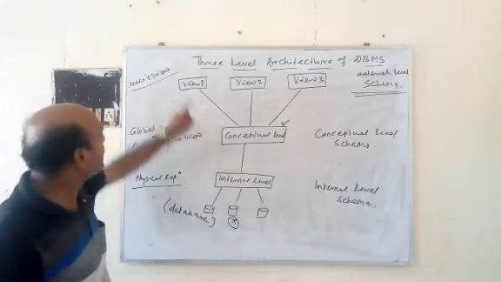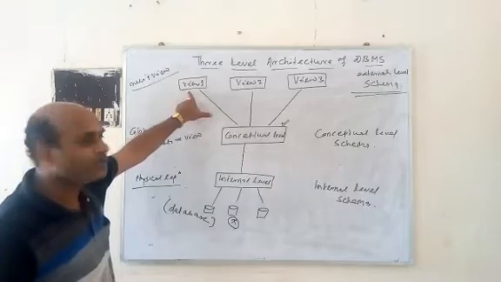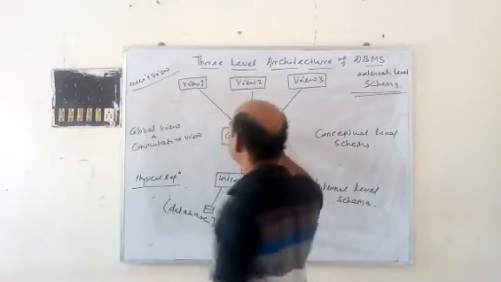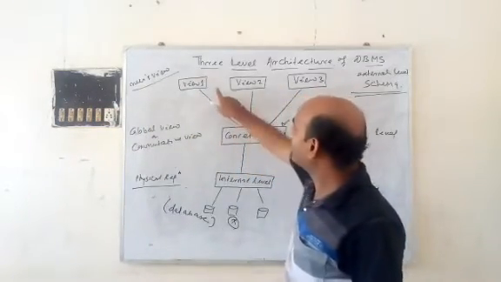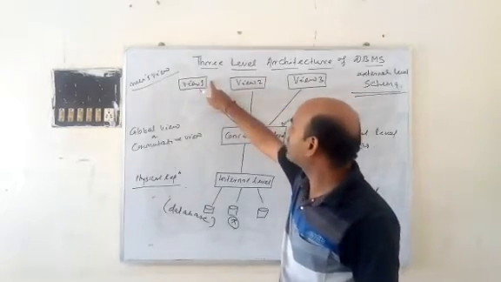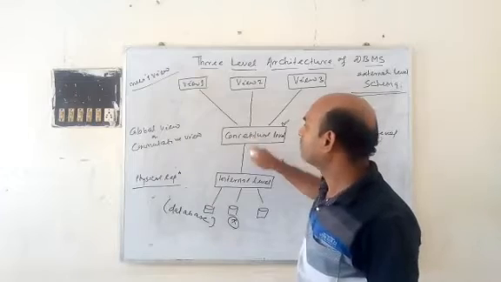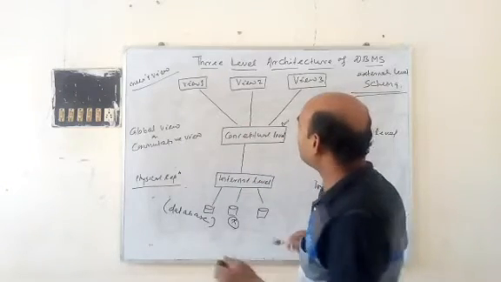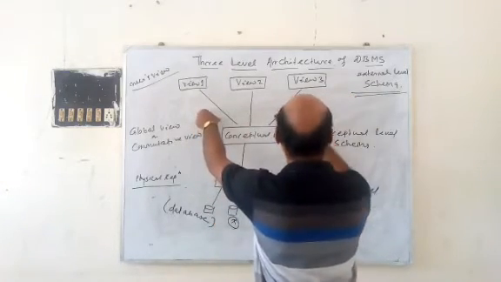So how to access? First you have to give a request to the conceptual level. So there is a mapping between the external level and the conceptual level. This is the external and conceptual level mapping.